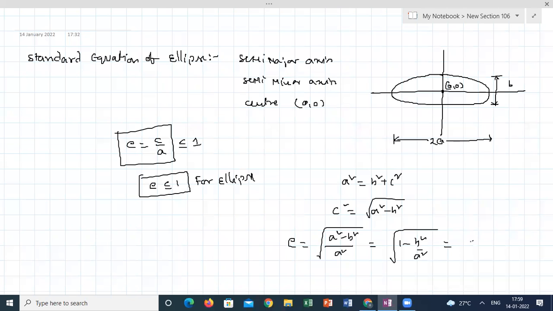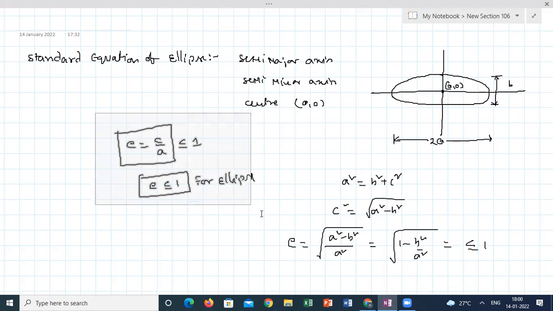So always it is less than or equal to 1. If eccentricity is less than or equal to 1, it represents an ellipse. So what is the maximum value of eccentricity? 1 for ellipse. If it is 1, what is that case? Sir, it is a circle.